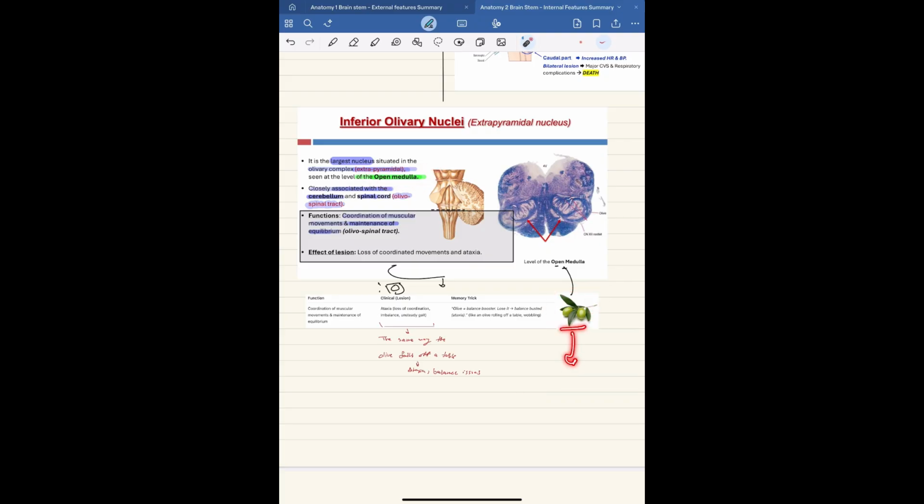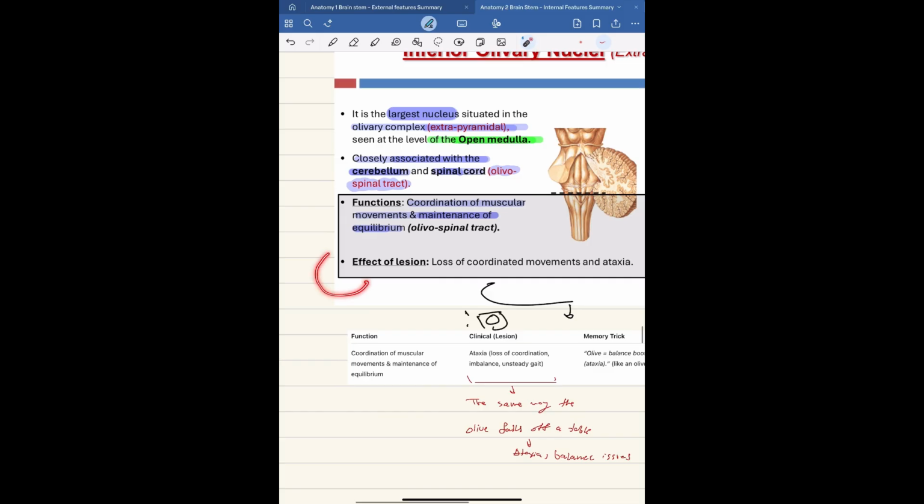And when it falls, it bounces around. So I remember the effect of the lesion: loss of coordinated movement, ataxia, and loss of balance. And from there, I remember the normal functions, which are the coordination of muscular movement, maintenance of equilibrium, and all of that. It all makes sense.